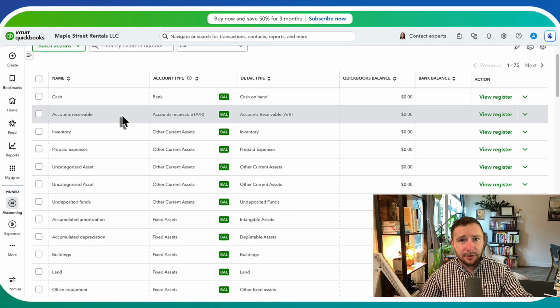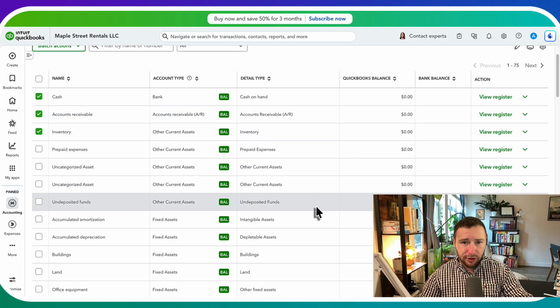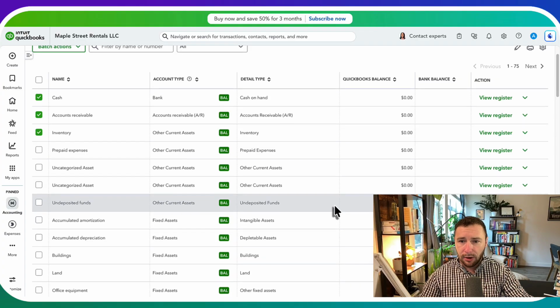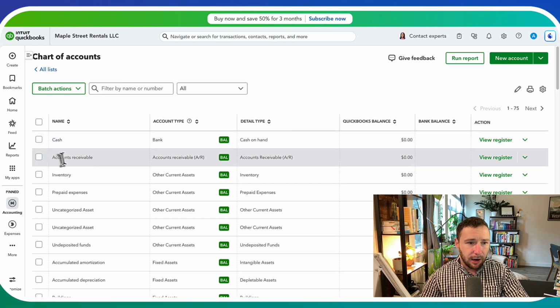The software in the back end is being mapped to the invoice system in QuickBooks. So that's an example of why if you try to inactivate all of the chart of accounts and upload your own, you're going to run into an error with QuickBooks telling you that you can't inactivate certain accounts, and accounts receivable is one of those accounts.